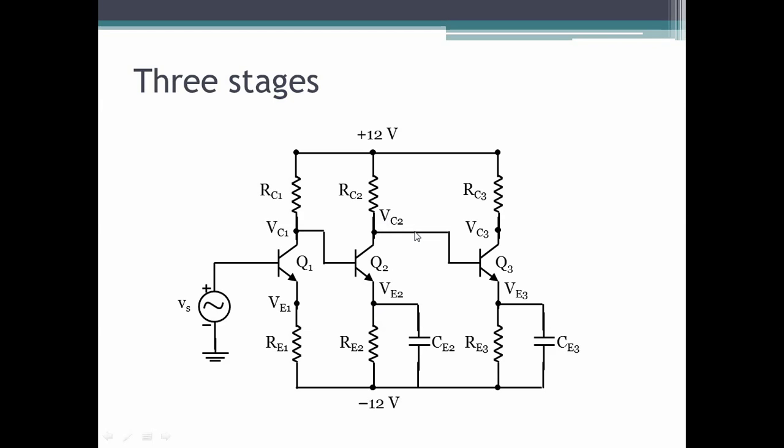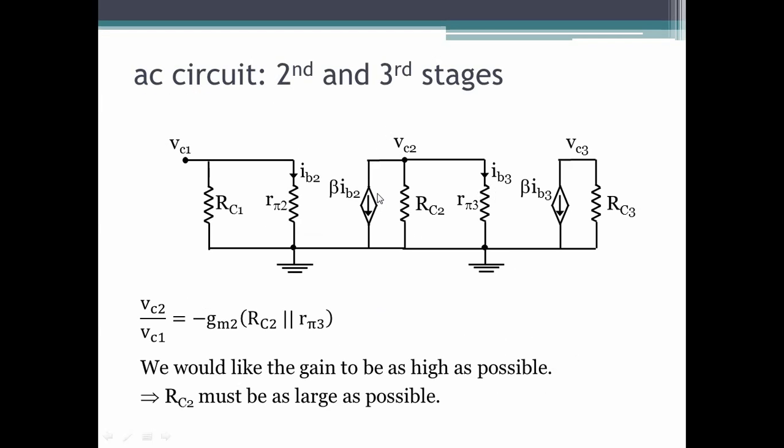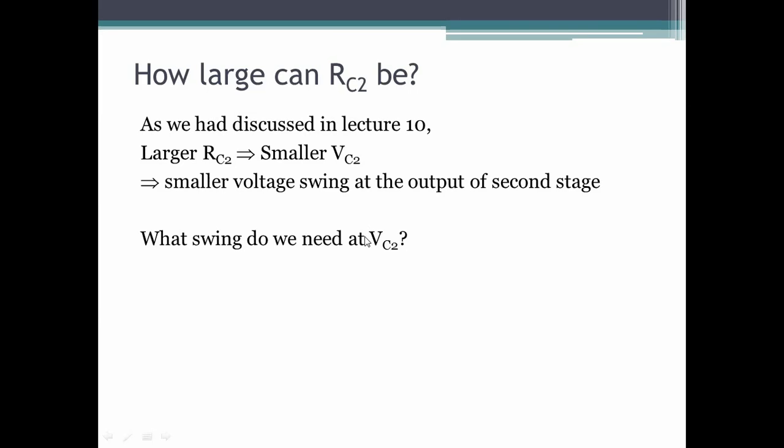So the next question we ask is, how much is the voltage swing we require here? Because based on that we'll choose VC2 to be as low as possible, so that the gain is as high as possible. So the question is, what is the swing we need at VC2?